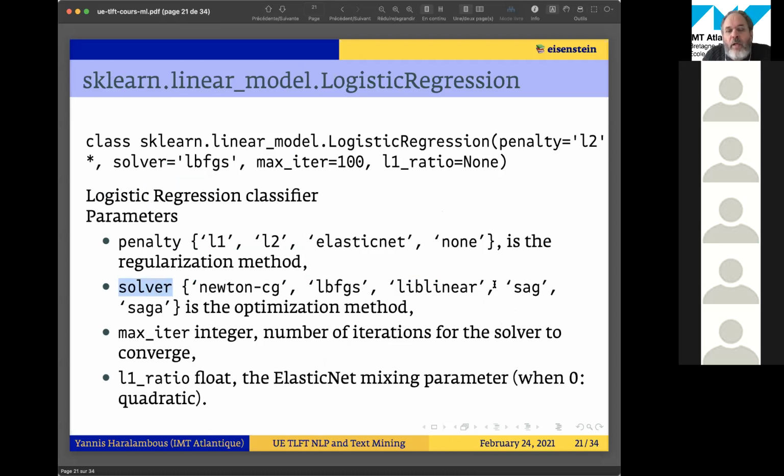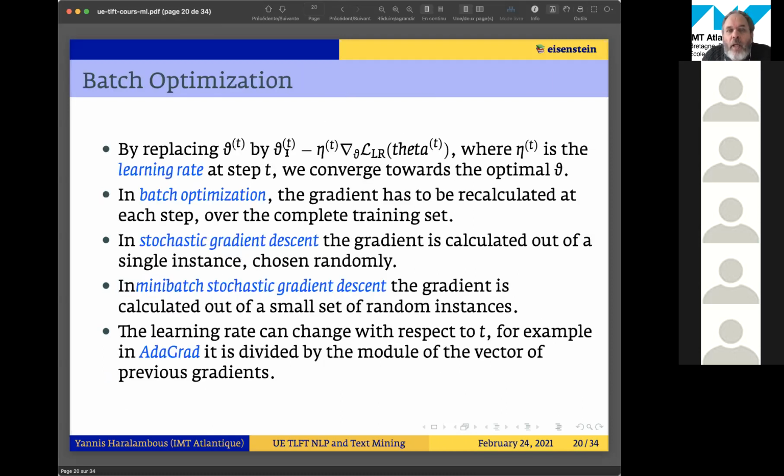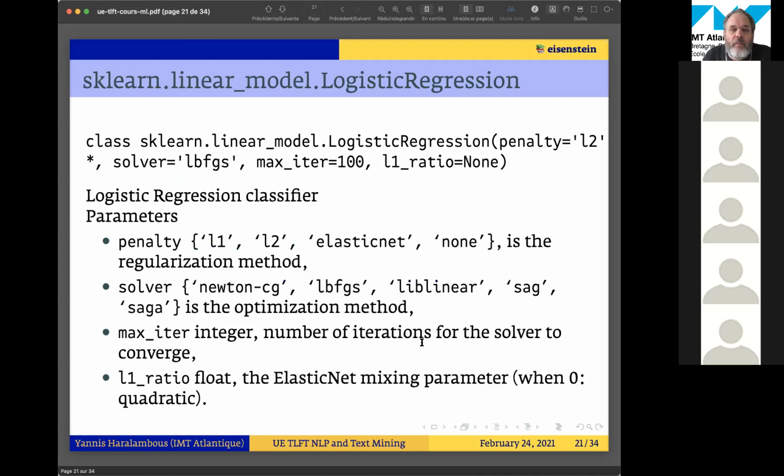And these different values are different ways to change the learning rate according to your parameters. Max iter will be the maximum number of iterations, so that our model doesn't take an infinite amount of time. L1 ratio is used when your regularization method is elastic net.